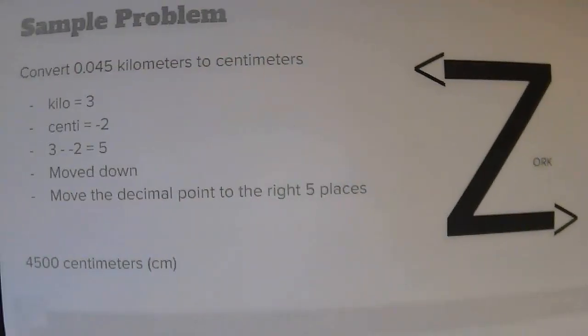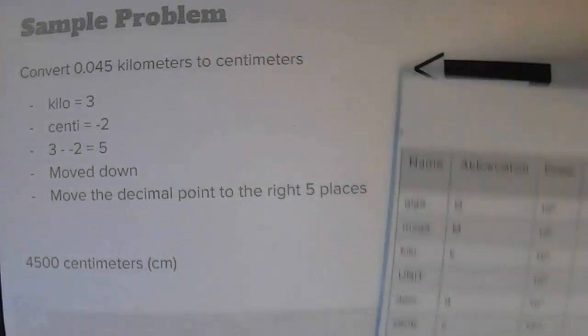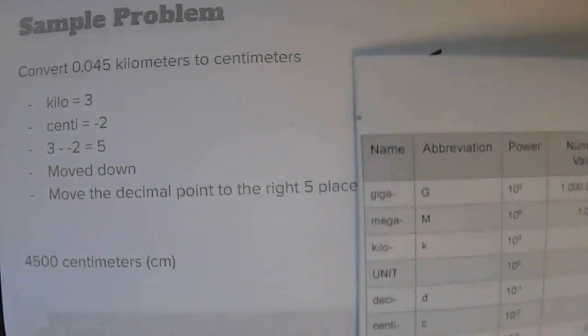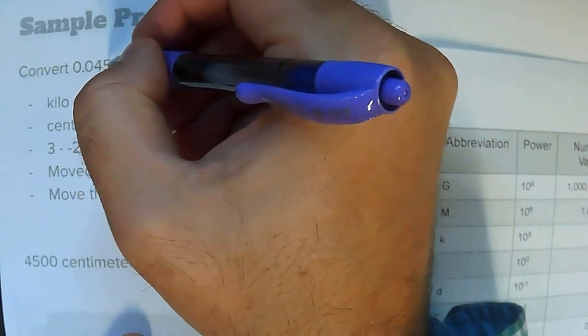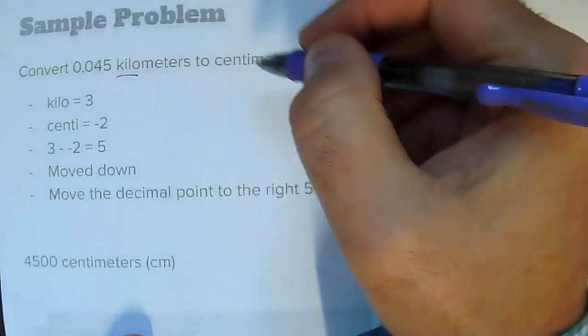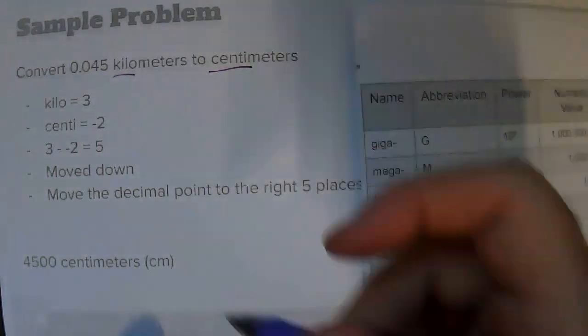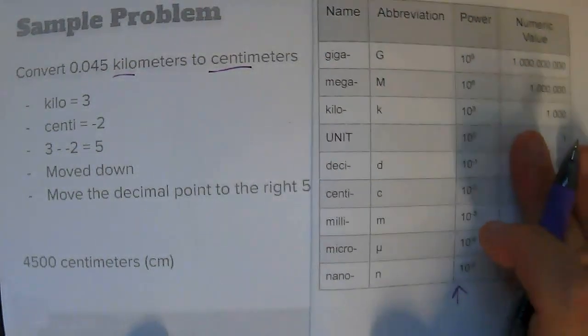So here's what we got. I'm going to get out my table. So I have my table here, okay? We're going to convert 0.0545 kilometers to centimeters. So we're going to look. Kilo on the list.